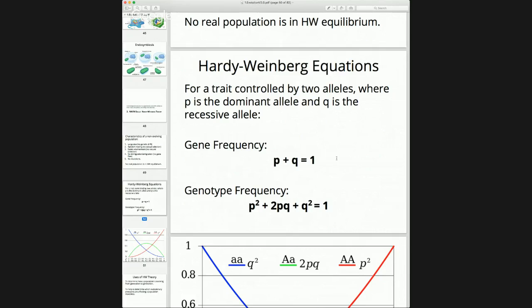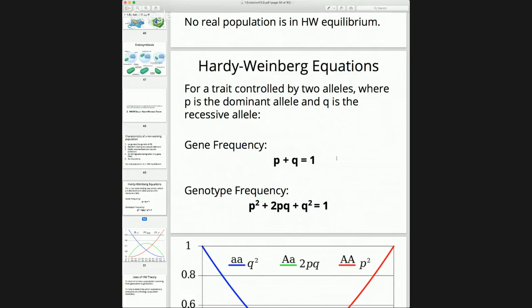Now, of course, individuals have 2 copies of each allele, and so individuals can either be homozygous dominant, in which case the frequency of homozygous dominant individuals would be the frequency of P times the frequency of P. Homozygous recessive, so that could be Q times the frequency of Q again.